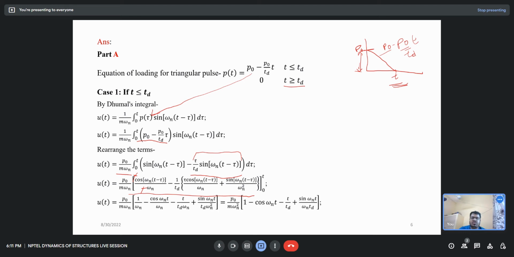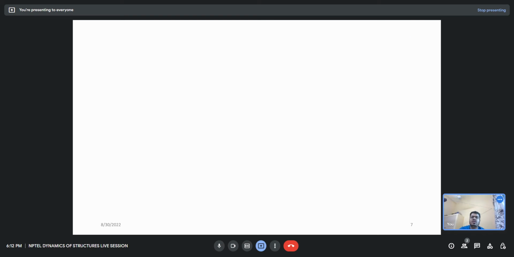If I put my limits, I will get this result: u(t) is equal to p naught by m omega n square times 1 minus cos omega n t minus t over td plus sin omega n t divided by omega n td. I can write this term as k, p naught by k. After rearranging the terms, my final solution u(t) is p naught by k times 1 minus cos omega n t minus t over td plus sin omega n t divided by omega n td. This is the response when t is less than or equal to td.